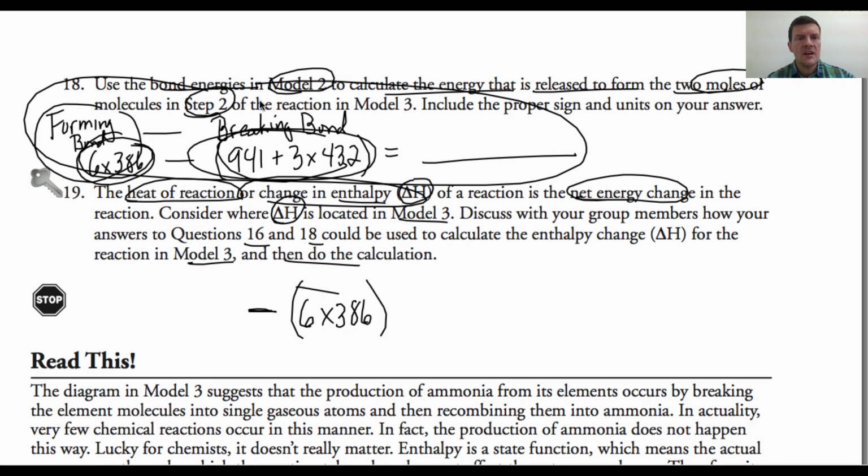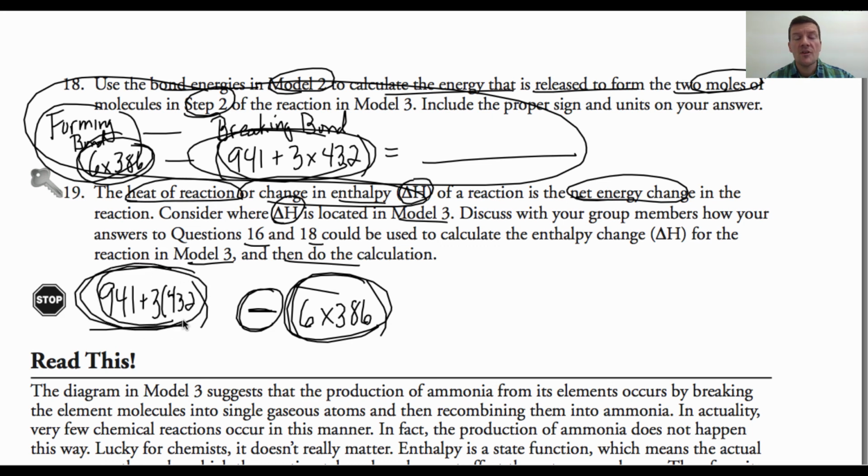And then the breaking here, this could be positive, so you could write it this way as well. 432. Okay, so again, it's just the difference between them. Forming of bonds is negative, breaking apart the bonds is a positive energy, and the difference between those then is going to give you your net change.